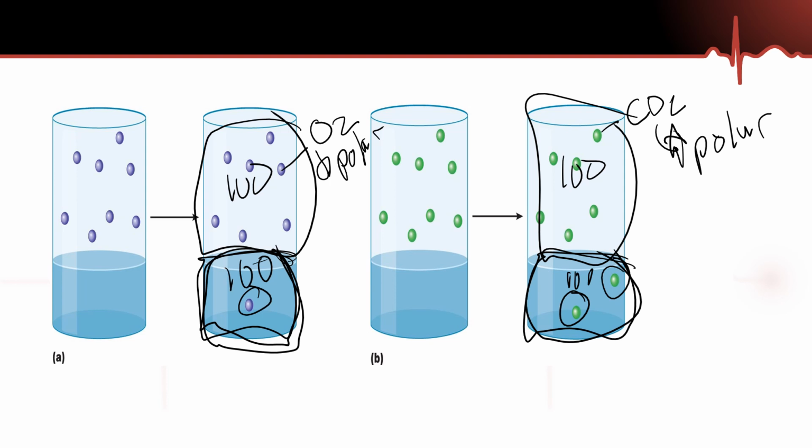And the answer is quite simple. Oxygen is more nonpolar. Carbon dioxide is a little bit more polar than oxygen, which is more nonpolar. They're both nonpolar, but carbon dioxide is a little bit more polar than oxygen is. So, since oxygen is more nonpolar, oxygen bounces around in fluid more than carbon dioxide does. Carbon dioxide bounces around a lot in fluid, but it doesn't bounce around as much as oxygen does.